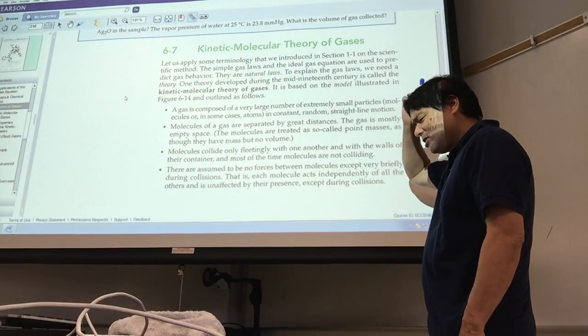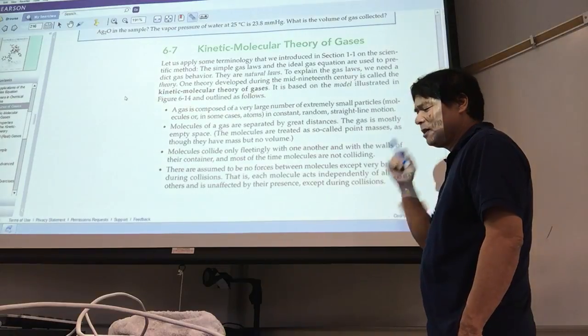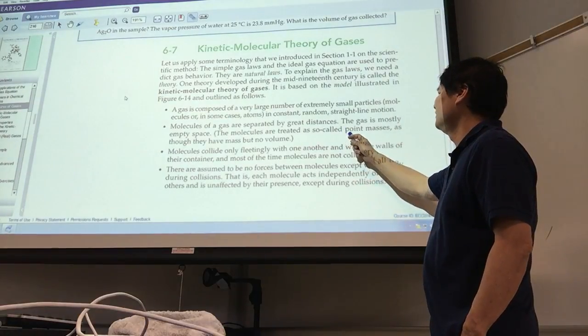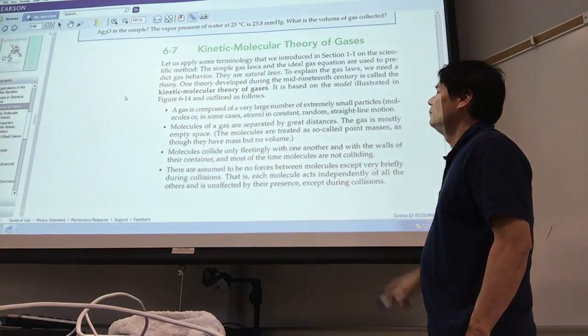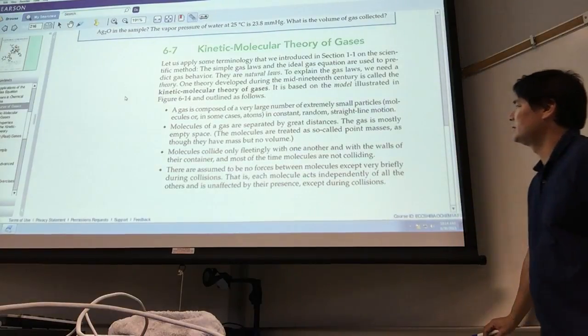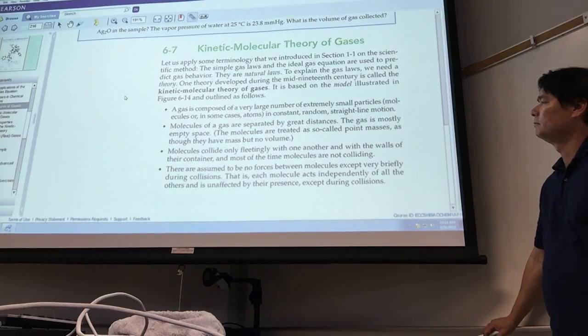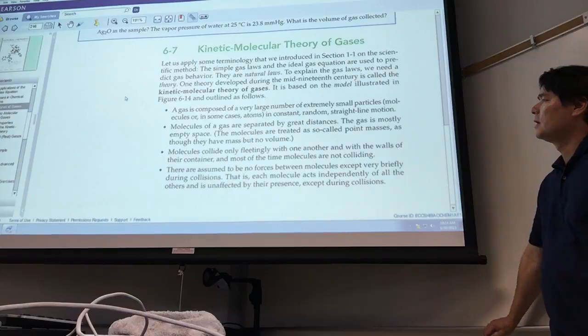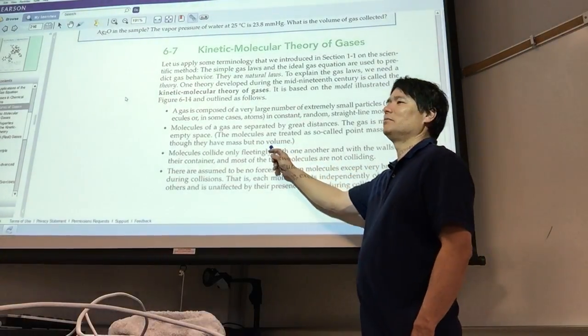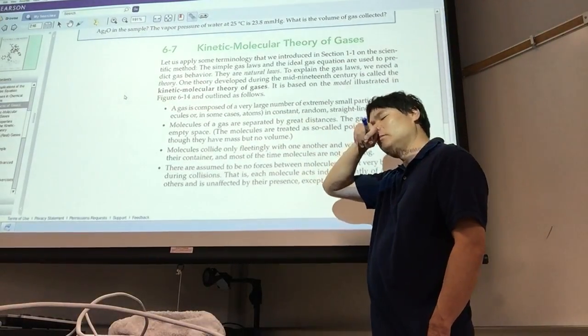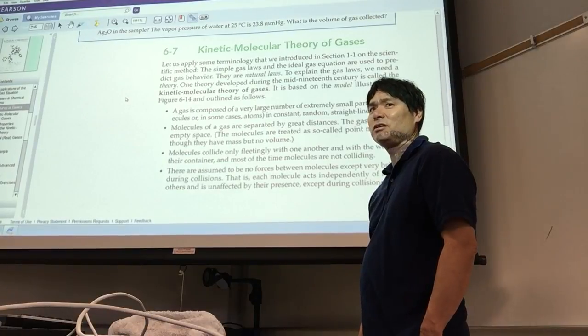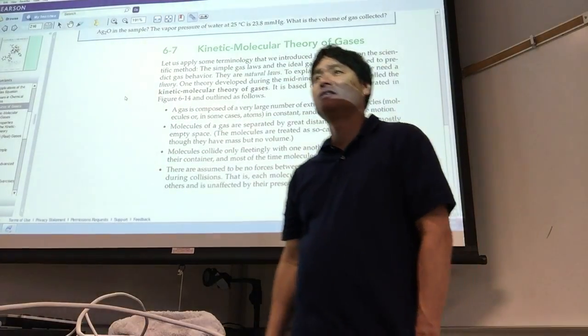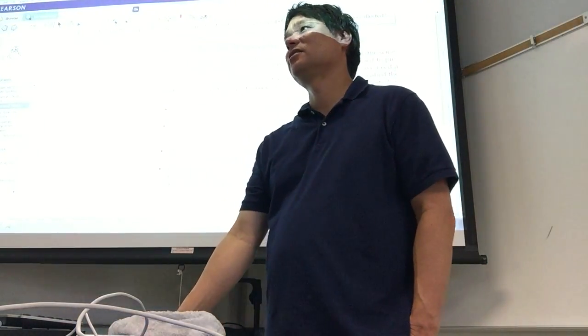This simplification is pretty good because the molecules are so tiny. That's what we call an ideal gas, as they have mass but no volume. And so we're assuming that the molecules themselves have zero volume. Is that accurate? No, it's not accurate.